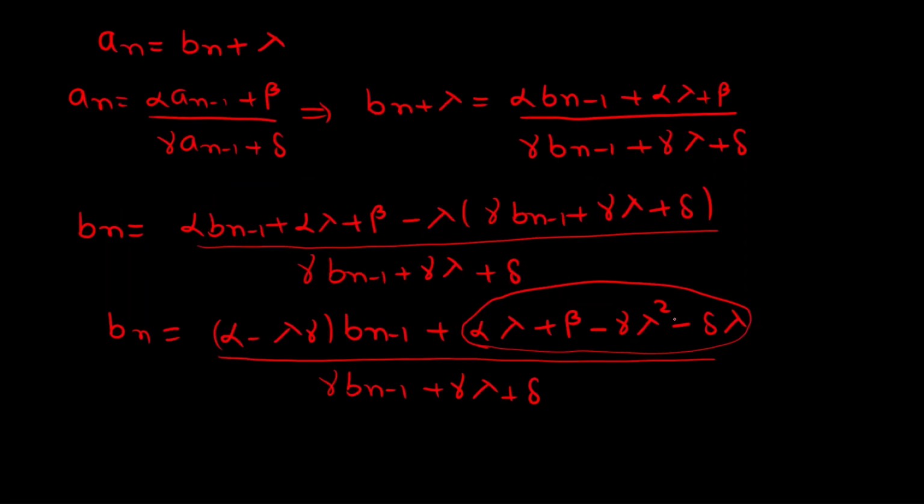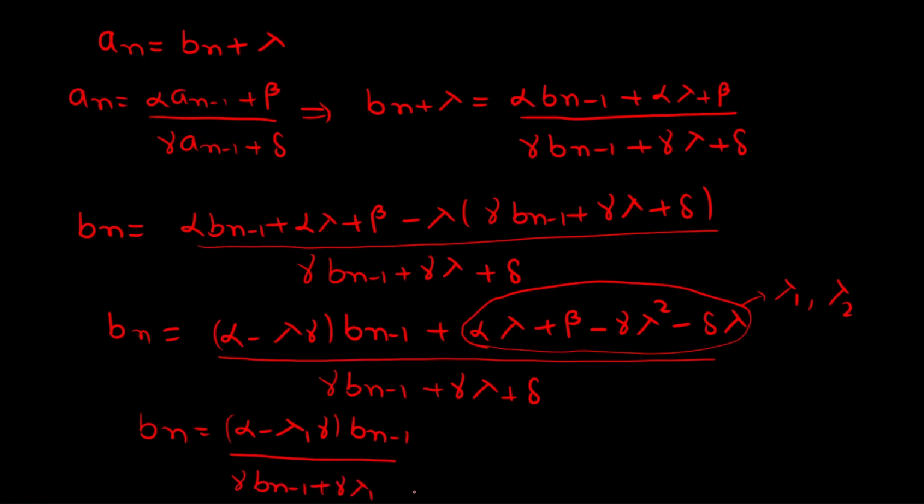So that is why we'll solve this quadratic and equate it to 0. We'll get two roots, lambda_1 and lambda_2. We can choose any of the roots. Let's say if I choose lambda_1, I'll get b_n is equal to (alpha minus lambda_1 gamma) times b_(n-1) divided by (gamma b_(n-1) plus gamma lambda_1 plus delta).